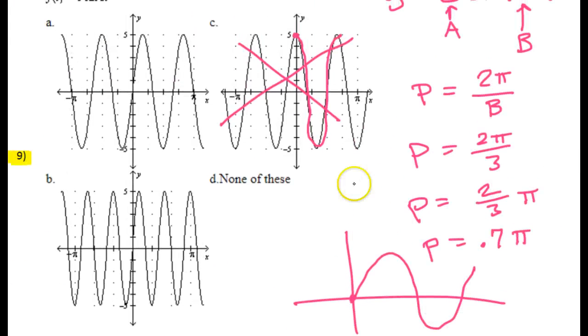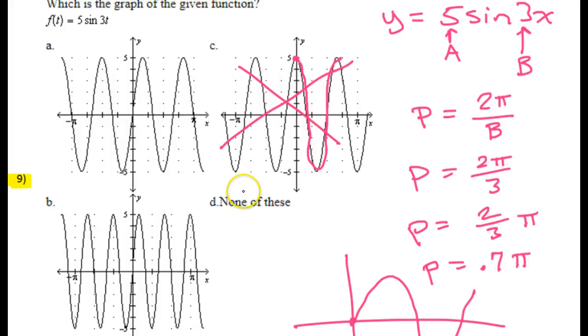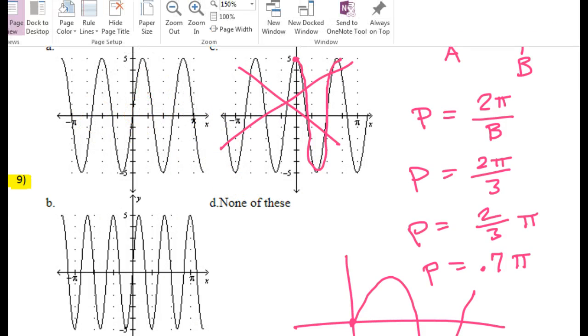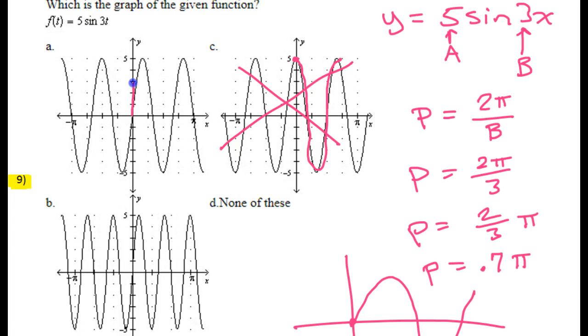So which one of these two options does that? Looking at choice A, here's one cycle of the function, and it ends right here. Can you see that that's a little bit before the third mark? It's a little bit shy of 0.75 pi.